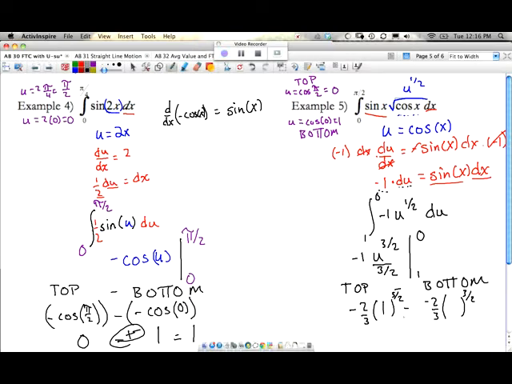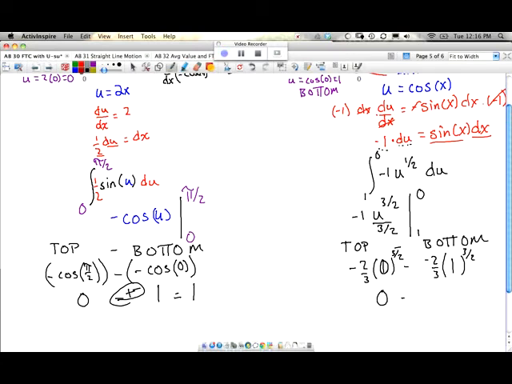So the first one, the top one, is 1. Oh, no, it's not. It's 0. And the bottom one is 1. So that gives me 0 for this first term minus negative. Well, 1 to the 3/2 is 1 times 2/3 is just 2/3. So we add these together, and that gives us positive 2/3. Easy, super easy, because we used u's.